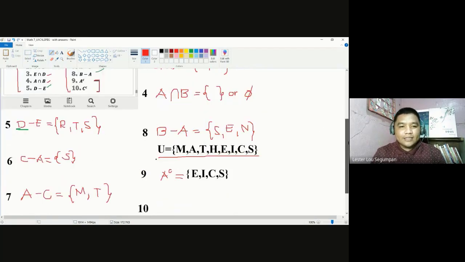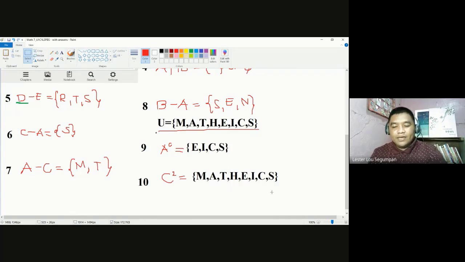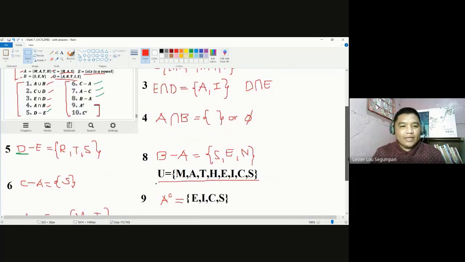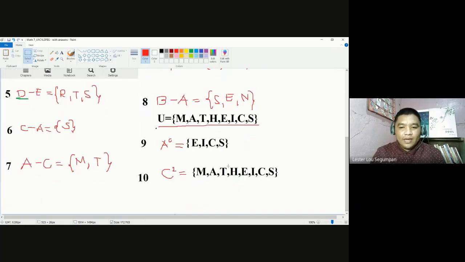Let's proceed to our last item. We have C complement. Similarly, let us copy here the universal set. Then we remove the elements that can be found in set C. What are those elements? H, A, and S. Let's remove them.